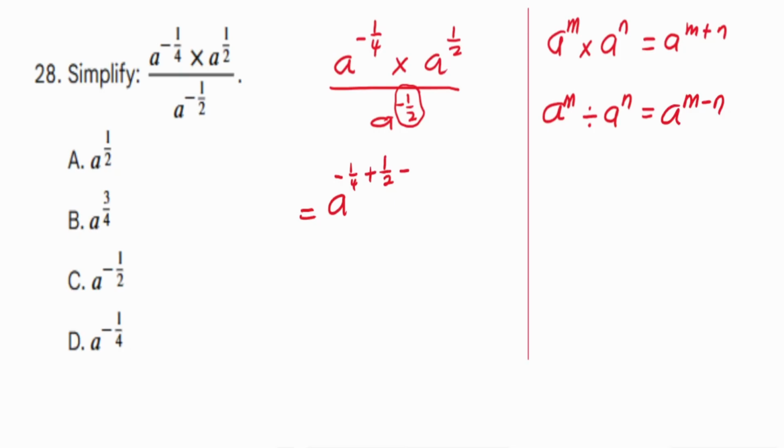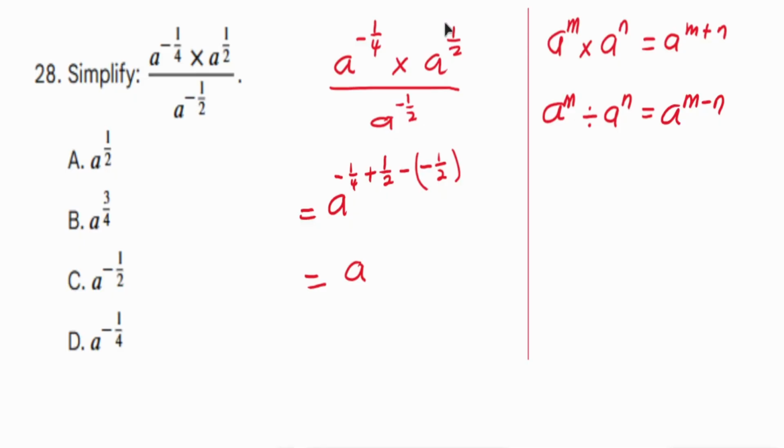This minus here is for the division, so don't confuse that for the minus that is already there. So now be negative 1/2. Let me put it in parentheses. All right, and then this will be equal to a exponent.